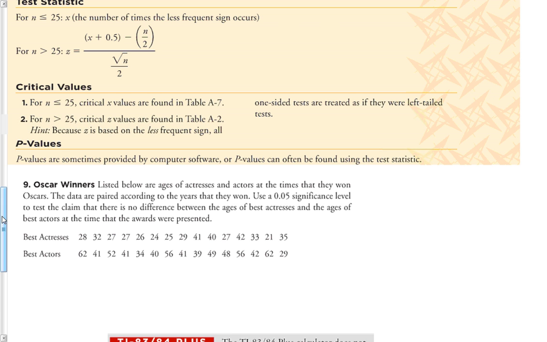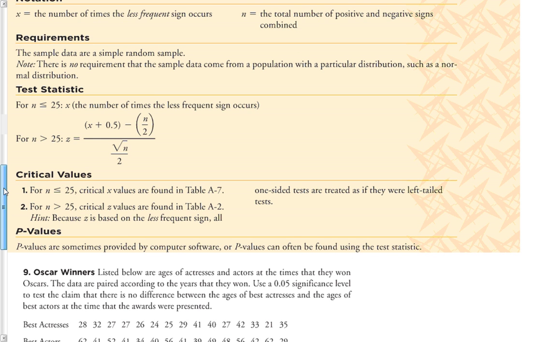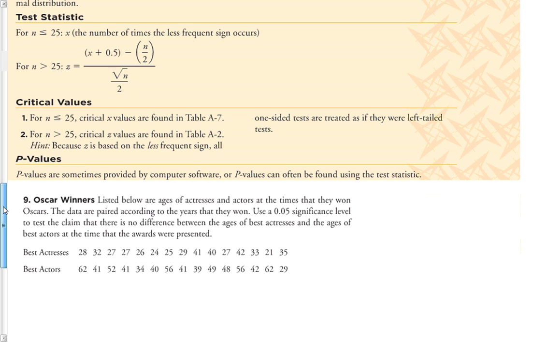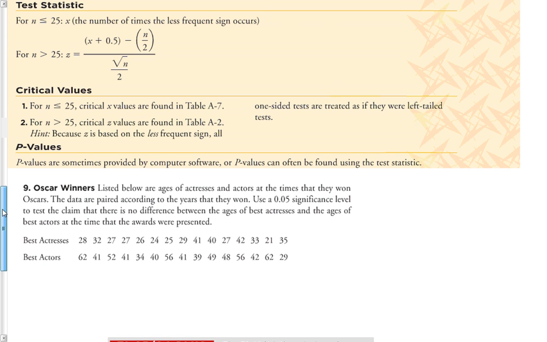But what we're going to do is use technology. We're going to use the TI-83 calculator because this statistic actually is binomial by nature, if you consider pluses and minuses to be successes and failures, and n would be the total number of observations, or the total number of trials.